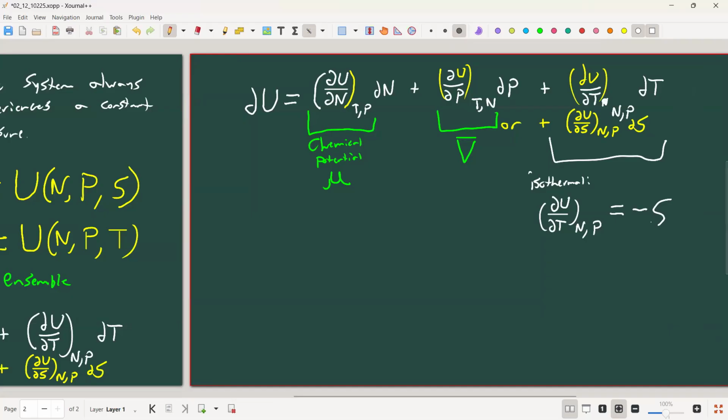This is minus the entropy. And dU/dS at constant N and P, we've already defined that before. That's the temperature.